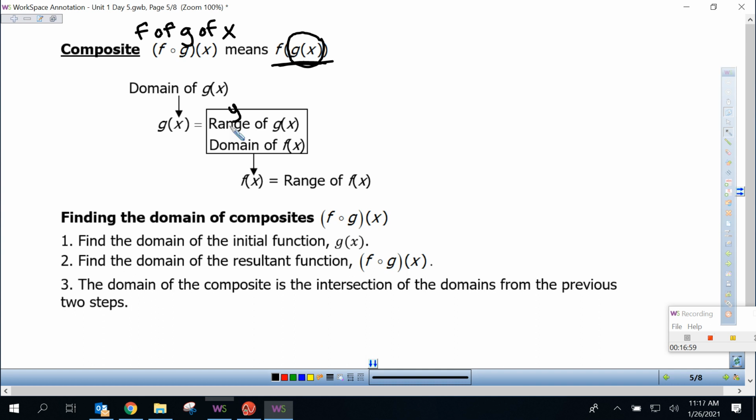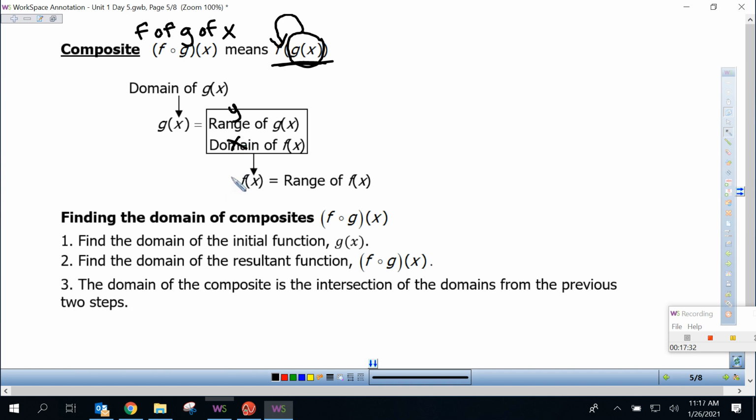We produce an output, which is the range value. So the answer I got for g of x technically is a range value or y value. So the range value from g of x then gets put into f of x's equation. So the range from g of x now becomes the input for f of x, which would be our domain.